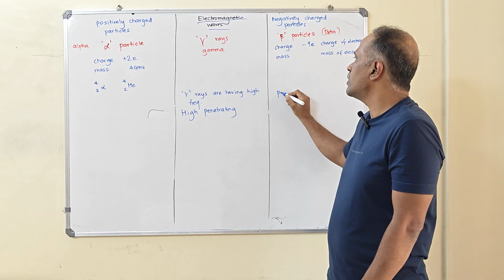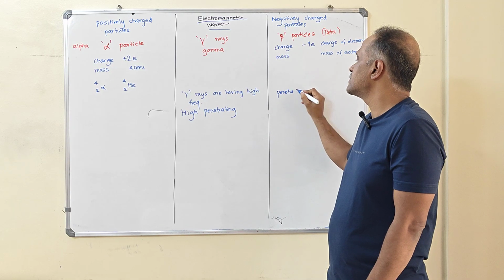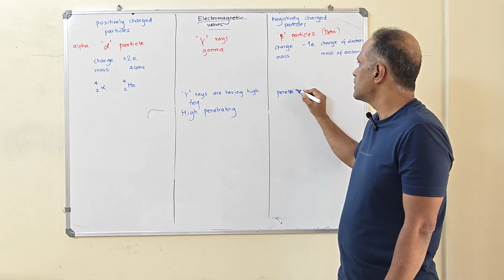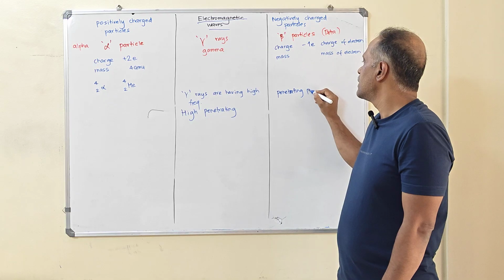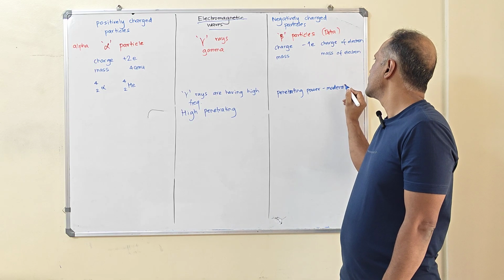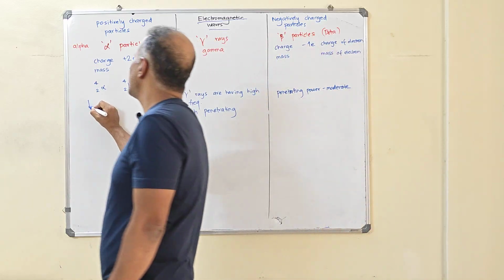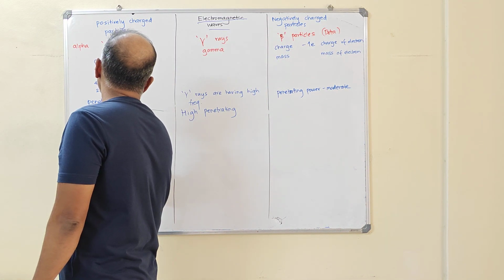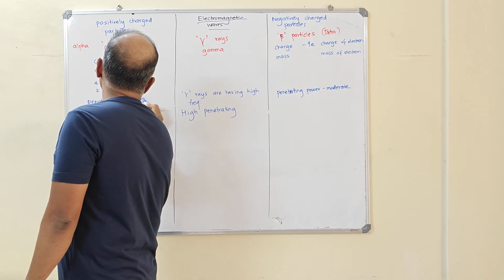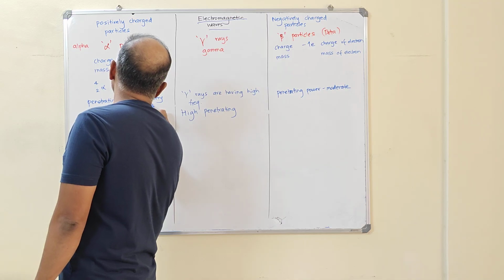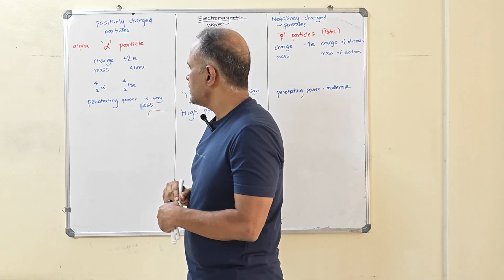The penetrating power of beta particles is relatively less than gamma rays, you can say moderate, and the penetrating power of alpha particles is very less.